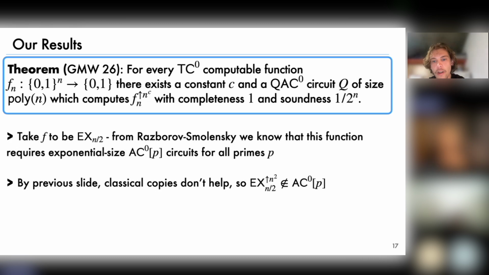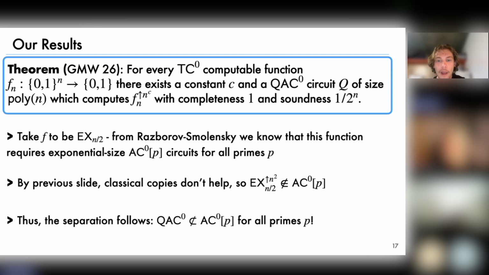And based on what I just said about this classical copying business, the complexity of exact up arrow n squared n/2 is also going to require exponential size circuits just via this reduction. However, from the slide before that, we know that exact up arrow n squared is computable in QAC0.